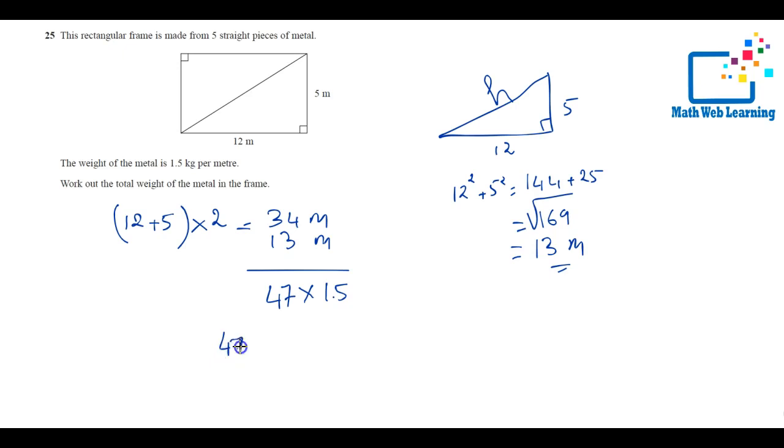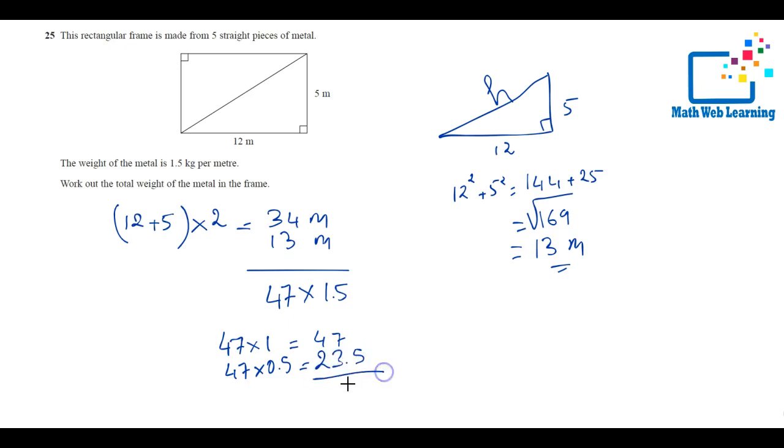Well, I do 47 times 1, which is 47. And I do 47 times 0.5. I'm partitioning 1.5, and 0.5 is half of 47, which is 23.5.